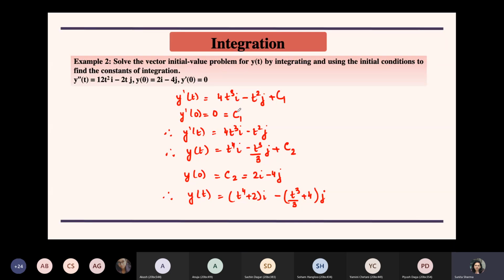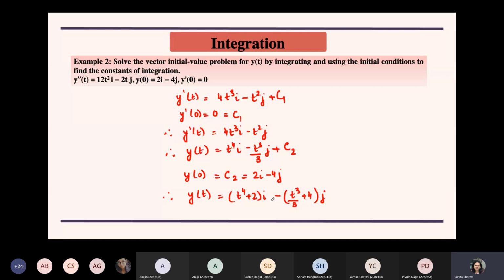And in order to find this constant, you have to use the initial conditions. Initial condition means when t is 0, what is the value of y or y dash, whatever variables you are using. So using those initial conditions, you find the values of these constants of integration, and then you will get the final expression.